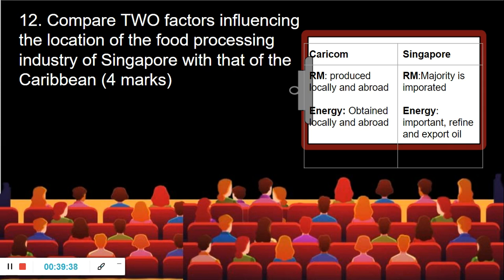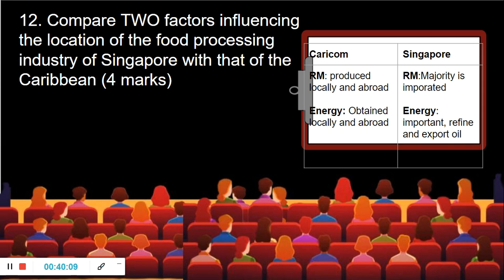So even though they import the oil, they don't only import oil, they import oil, refine, and then they re-export, so that more than enough energy is available in Singapore to carry out their food processing. All right. I hope you understand that.